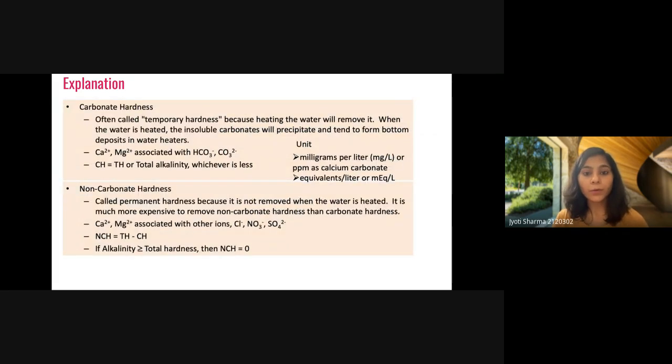One very important thing for us to see is that if we have calcium and magnesium, this will give you hardness, right? And if it is associated only with bicarbonate or carbonate, and not with sulfate or chloride, then alkalinity will be equal to hardness.